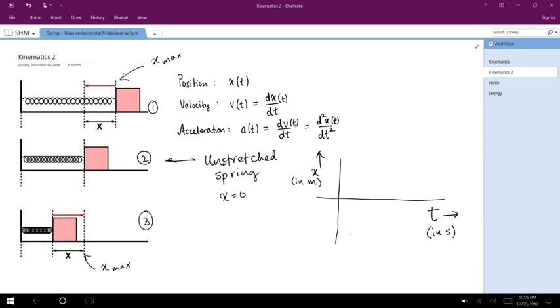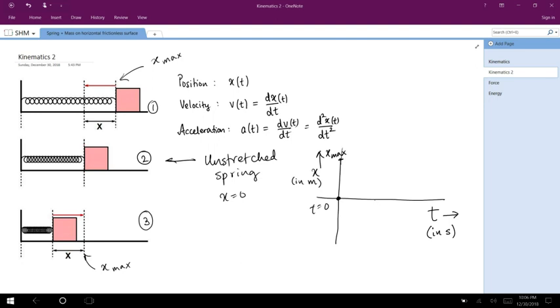Now if you think about it, initially at time t equals 0, which is this point here, x equals 0 is the origin over here. At time t equals 0, the block was in position number 1, and corresponding to that, its x position was x max. So the block started over here.